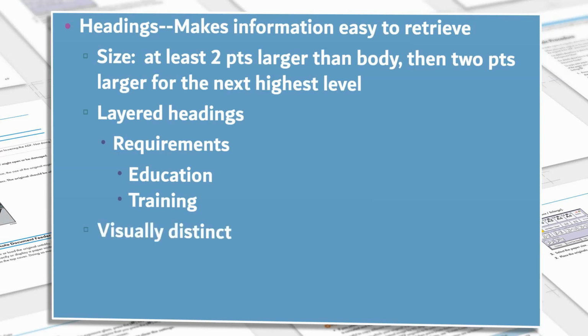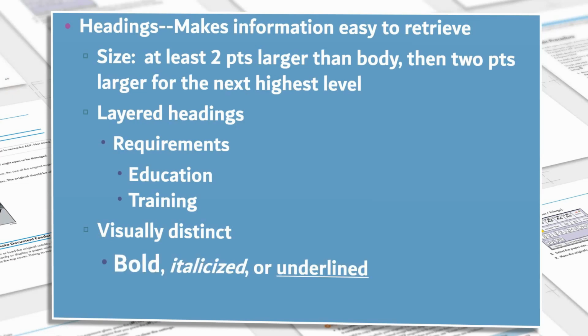Headings need to be visually distinct. We need to be able to visually separate them from the surrounding text. Not only from the body text. Remember, you use a serif font for the body text, a sans serif font for the headings, but also from each other. These headings here need to be different visually. Yes, they're going to be different visually in size, but you can also tweak them a little bit.